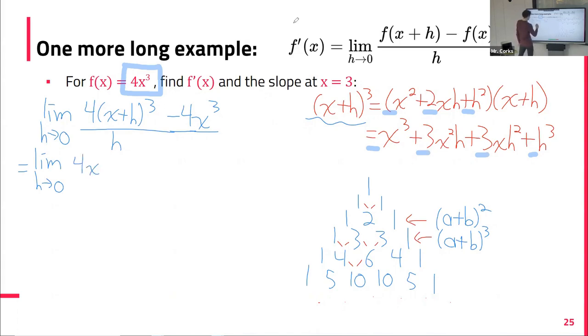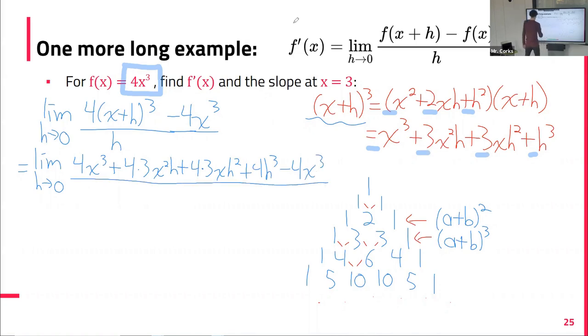So 4x cubed plus 4 times 3x squared h plus 4 times 3x h squared plus 4h cubed minus 4x cubed. And all of that divided by h.